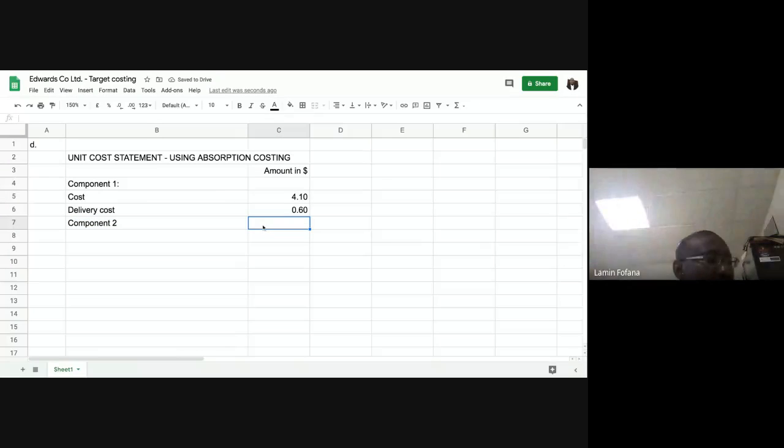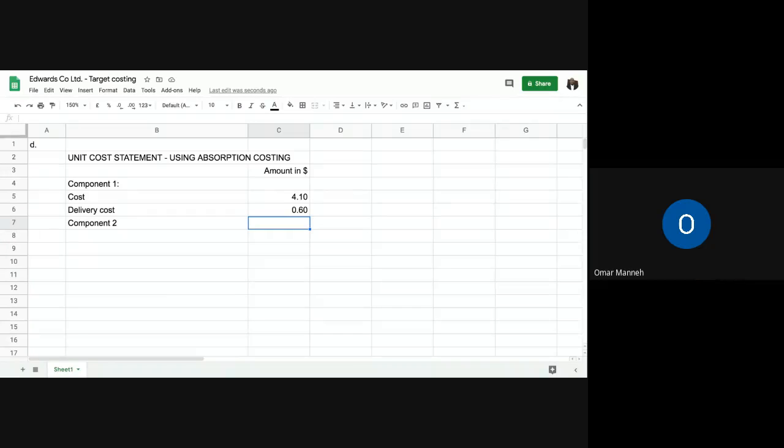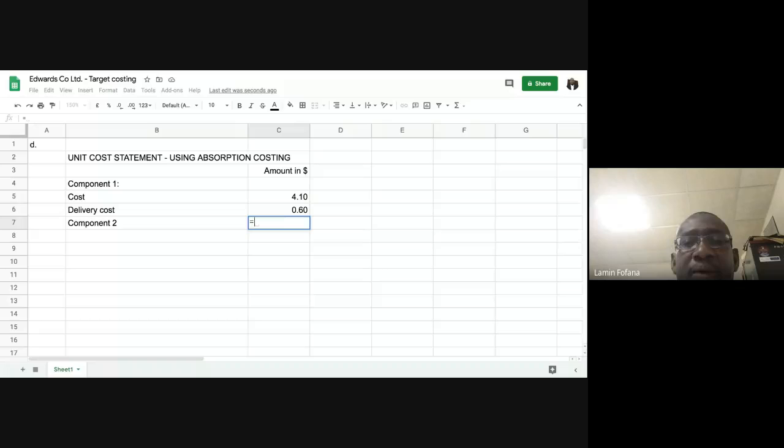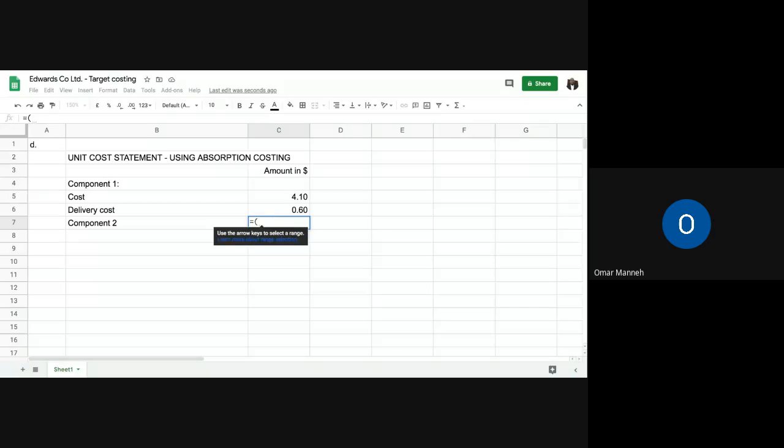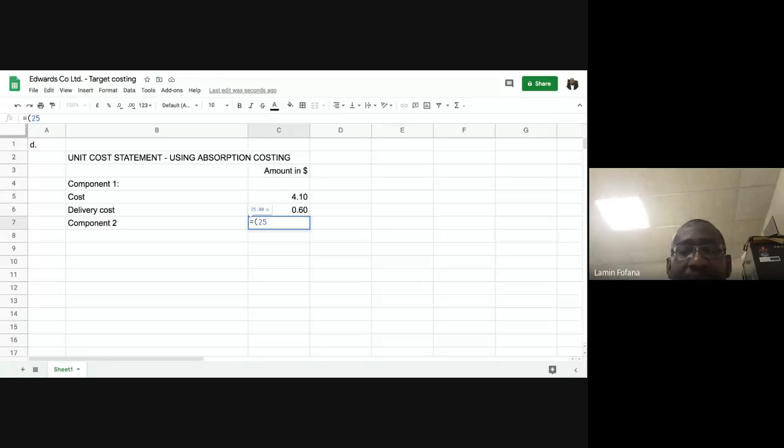Okay, so can someone give me a formula that will calculate everything? Equals, bracket open, 25 divided by 100, bracket closes, multiplied by, multiplication is the star sign, the one on top of 8.